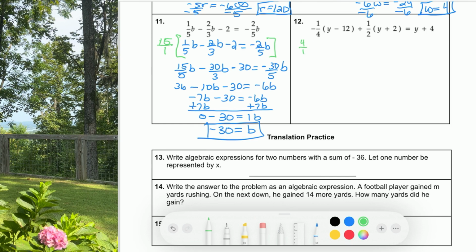So let's say 4 over 1 times, let's see, how do I want to write this? Let's write it like this. Plus 4 over 1 times 1/2.